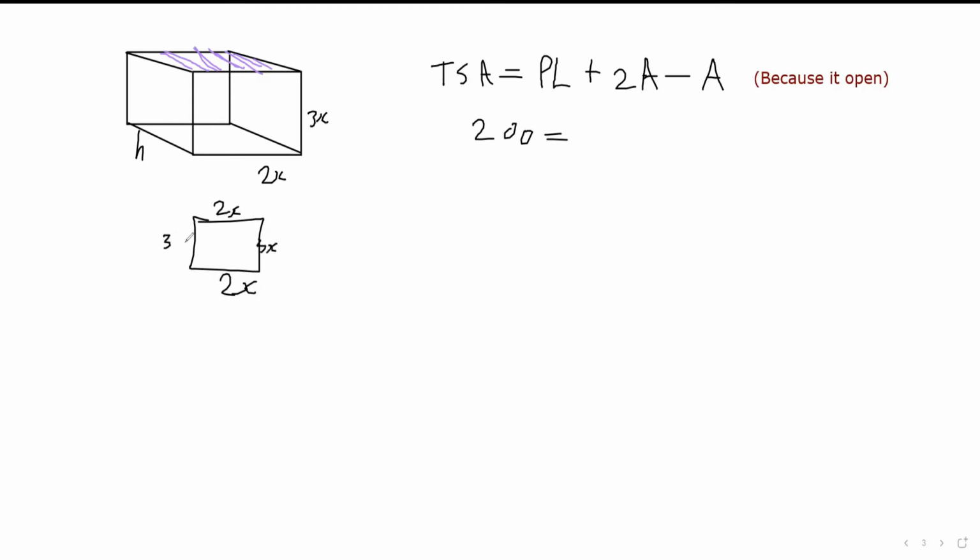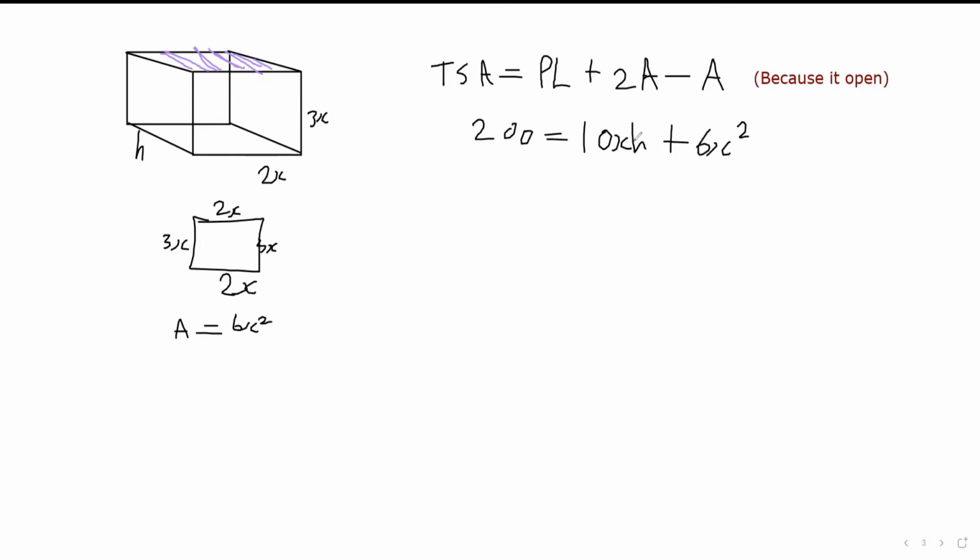So the perimeter of the base is 6x, 8x, 10x. Perimeter of the base is 10x times the length, which is the height, h. So it's 10xh plus 2a minus a, which is just a, the area of the base. The area of this base, Marika, is just 2x times 3x, which is 6x squared. So 200 is equal to 10xh plus 6x squared.